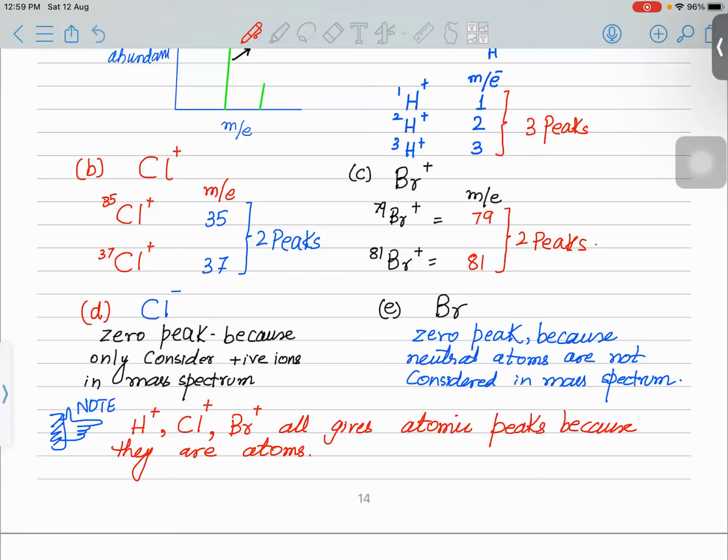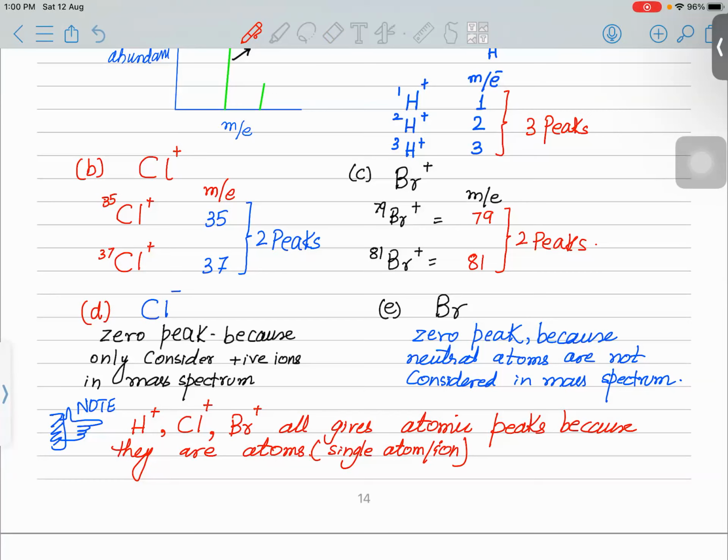Aren't they ions, like H plus, Cl plus and Br plus? You can say ions, single element ions. Single atom or ion.